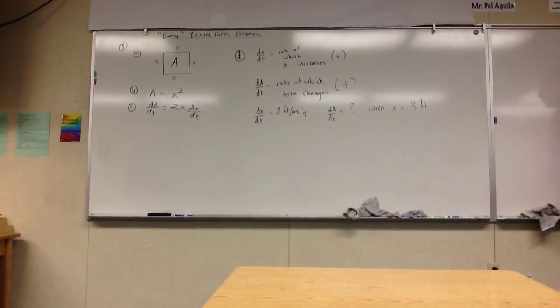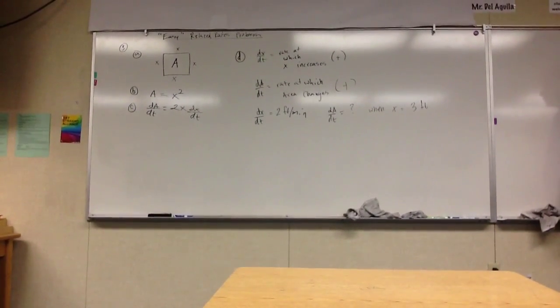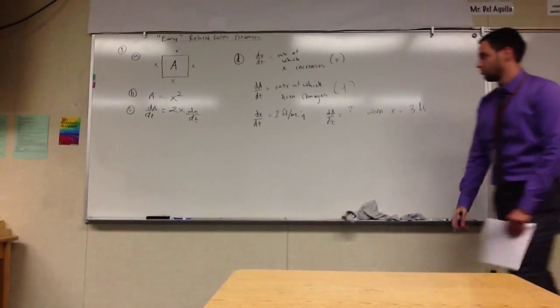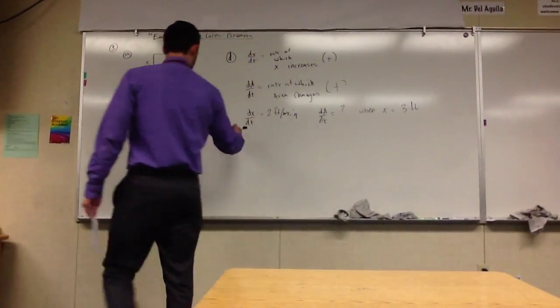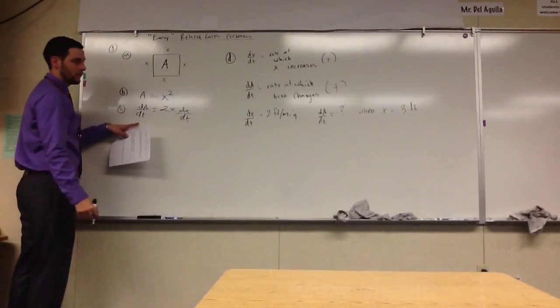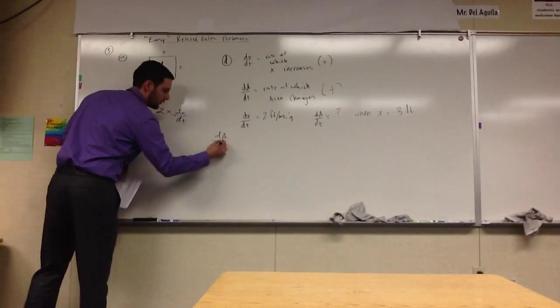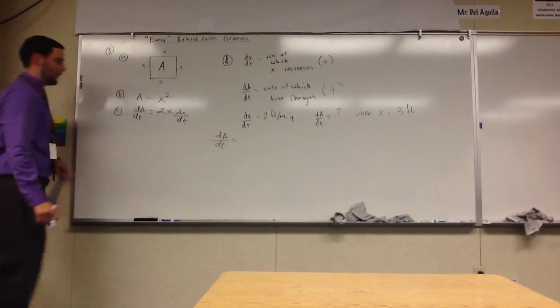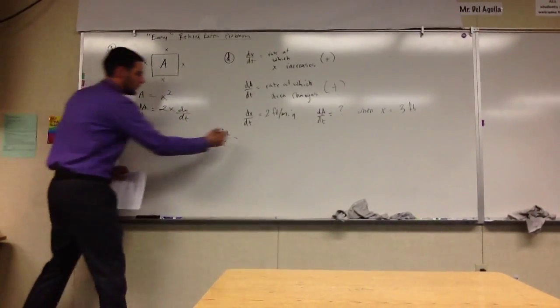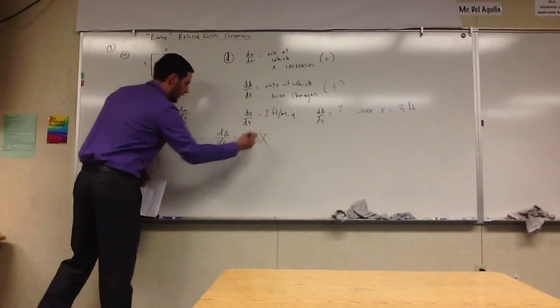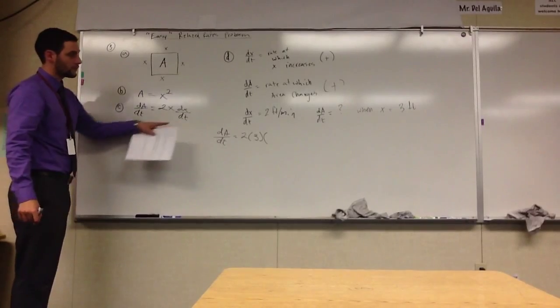Well, we already have an equation to relate the rates, so we just plug in what we have. dA/dt is 2 times the 3 feet times 2 feet per minute.